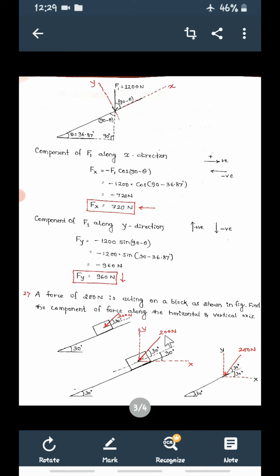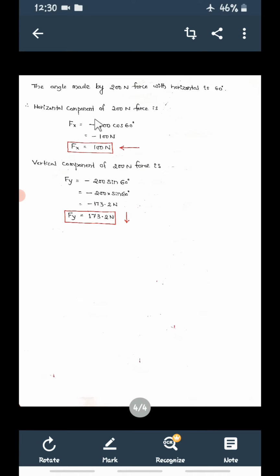So it is 200 cos 60; the total angle is 60, not 30. When you make this 200 horizontal, it will move in this direction, which means it is minus 200 cos 60. That is minus 100, so minus 100.